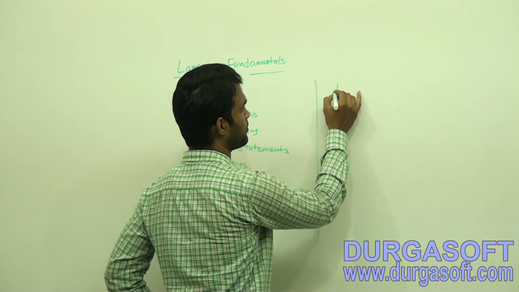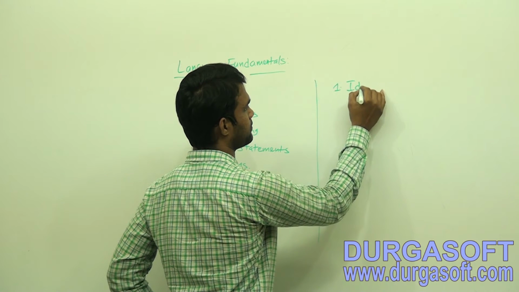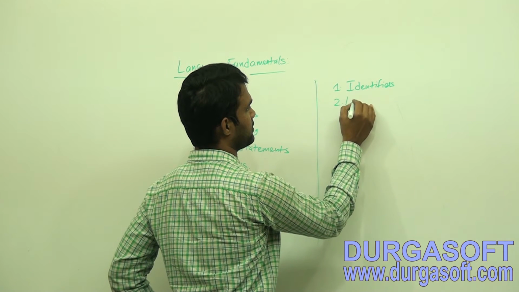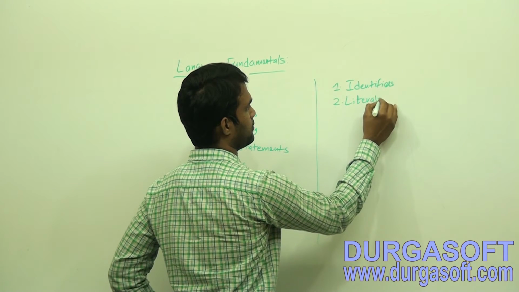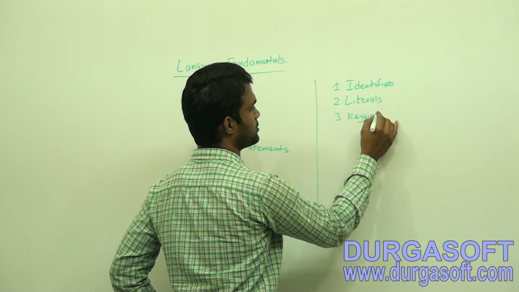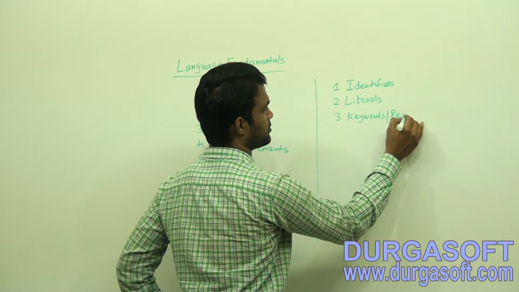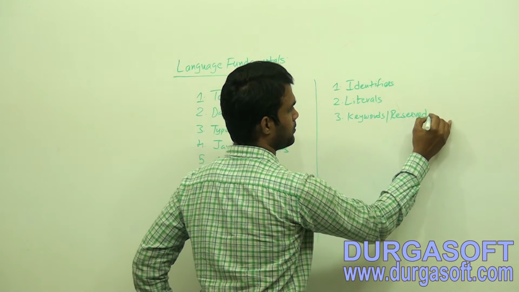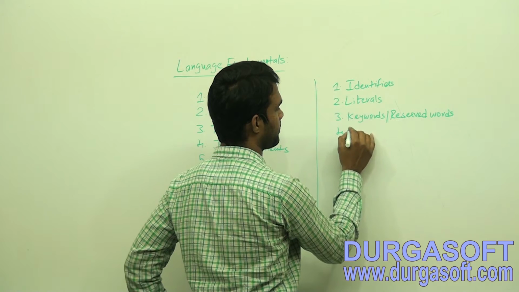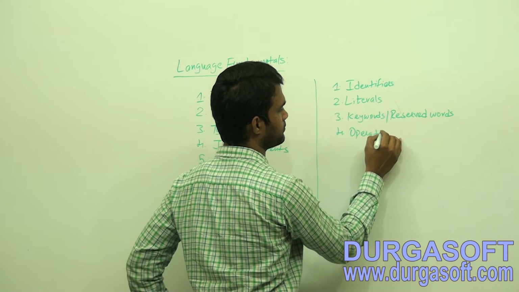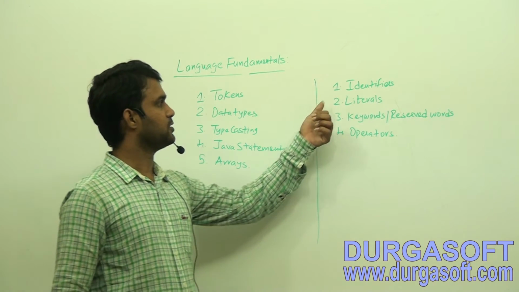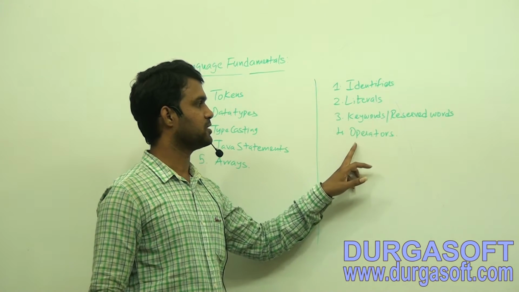One is identifiers, second one is literals, third one is keywords and reserved words, and fourth one is operators. So tokens are divided into identifiers, literals, keywords and reserved words, and operators.